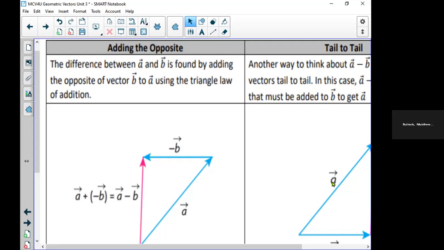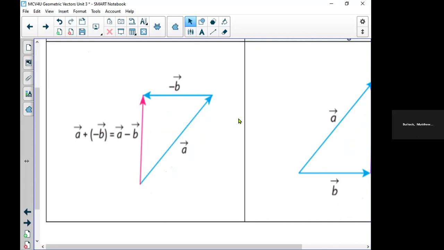This ties in with what Ms. Albert was talking about. We're subtracting vector B from vector A, and you can see it in our diagram here. This property of adding the negative vector B is the same as finding the difference between those two vectors.